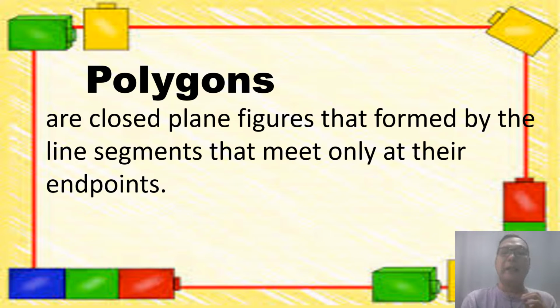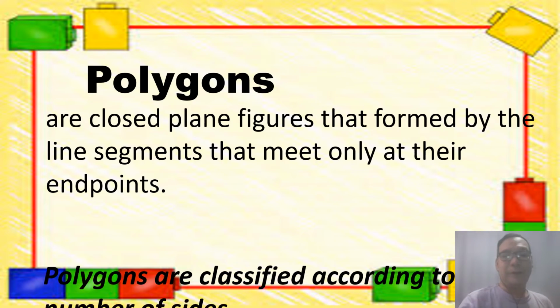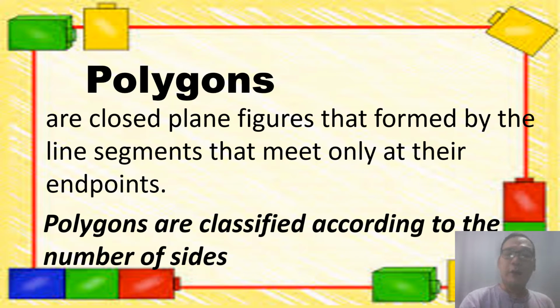Ano? So, polygons ay binubuo ng mga line segments na pinagdugtong-dugtong sa magkabilang dulo para makabuo ng isang closed plane figure. And if two lines are connected at the endpoints, ang tawag natin sa part na yun ay vertex. Or pag marami, vertices. So polygons are classified according to the number of sides.